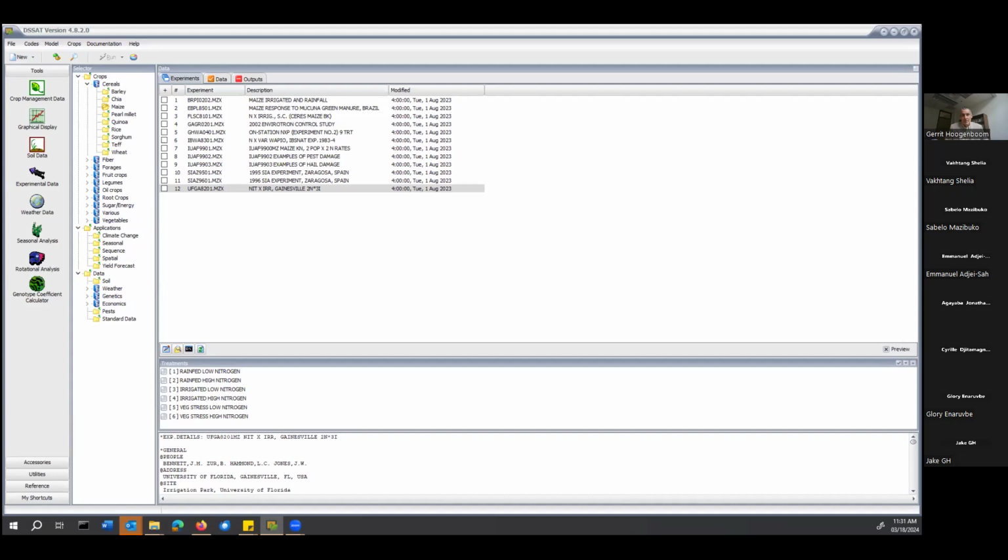So we recommend that you use data from 2 environments, preferably 2 different years, to do calibration, and that will result in values that are more robust for those coefficients. It could also be different planting dates, but they shouldn't be too close together. It's really important that the crop is exposed to different temperature, maybe different photoperiod, maybe different solar radiation.